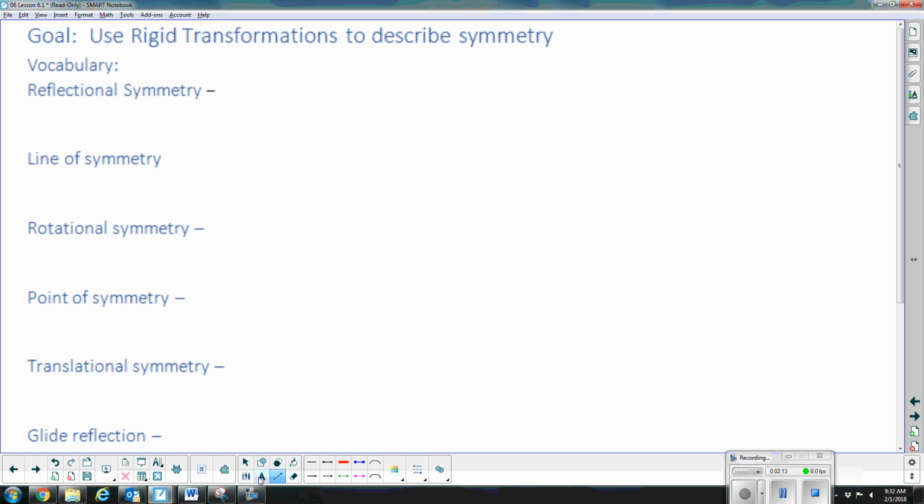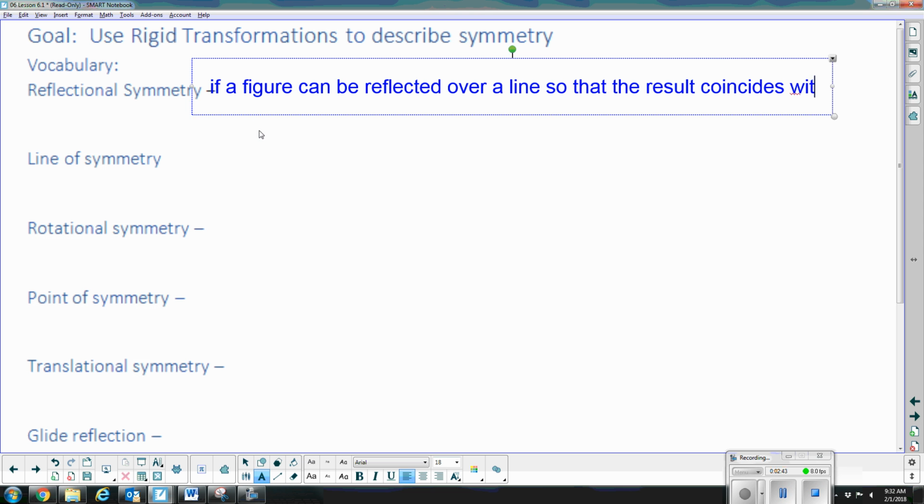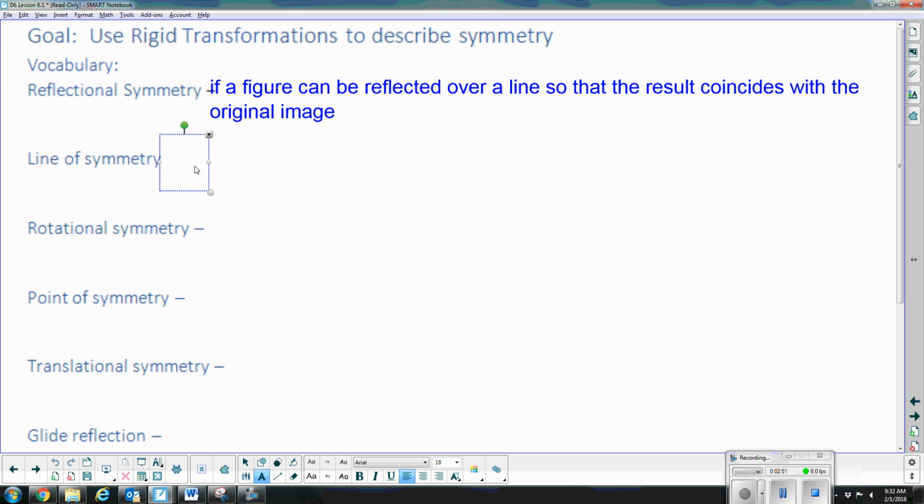So reflectional symmetry, as a definition: a figure has reflectional symmetry if a figure can be reflected over a line so that the result coincides with the original image. And then that line of symmetry is the line of reflection.